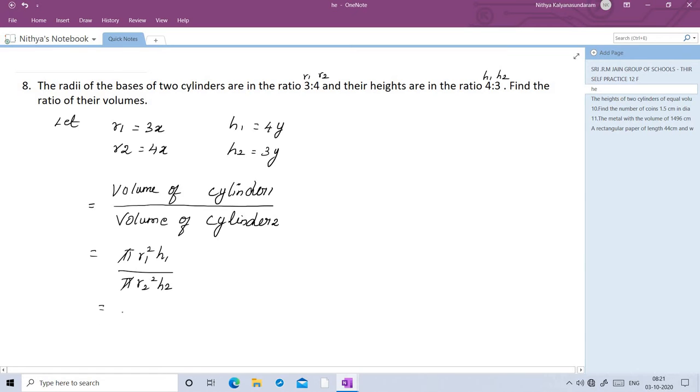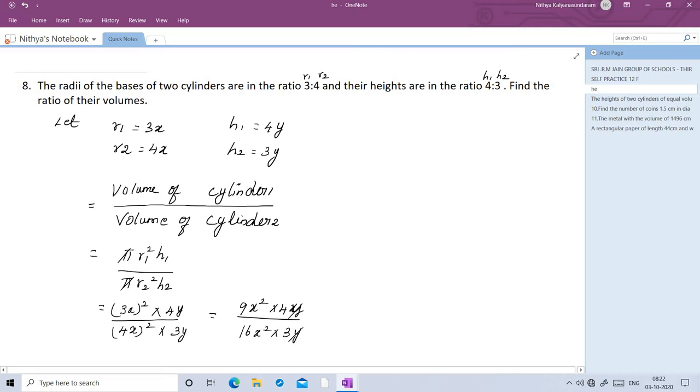So R1 is 3x whole square into H1 is 4y, by R2 is 4x whole square into 3y, H2. So 3x square is 3 threes are 9, x square into 4y, by 4 square is 16, x square into 3y. So it is y.